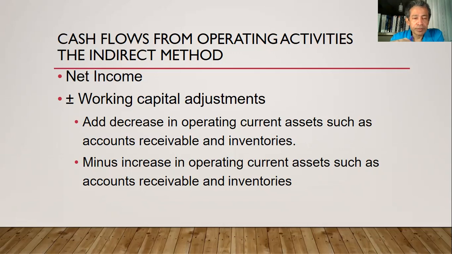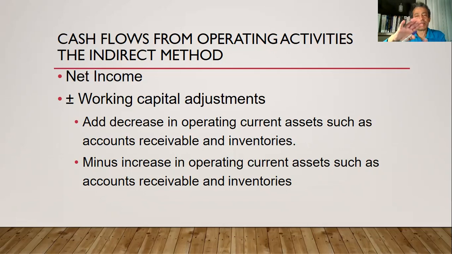Again, we start with net income and then make these adjustments. Add decrease in operating current assets, such as accounts receivable and inventories. Remember, decrease is added and increase is subtracted as far as current assets are concerned. If you remember this, increases will be subtracted.